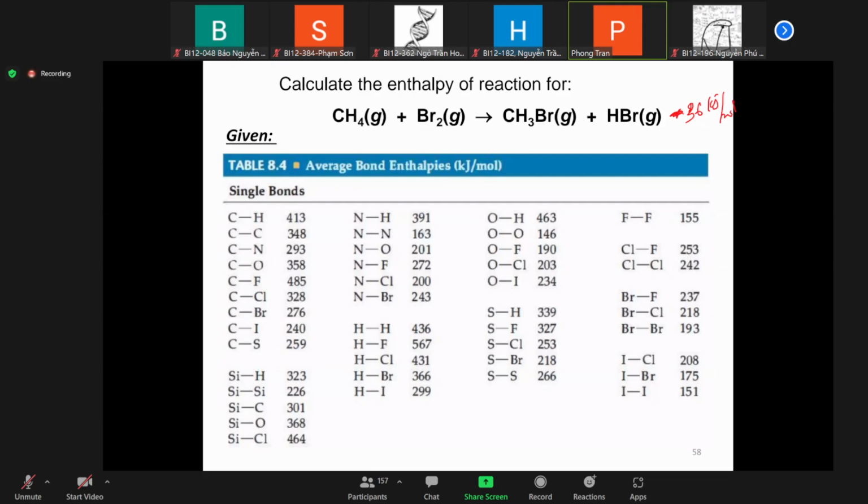What is your result? I also get negative 36.